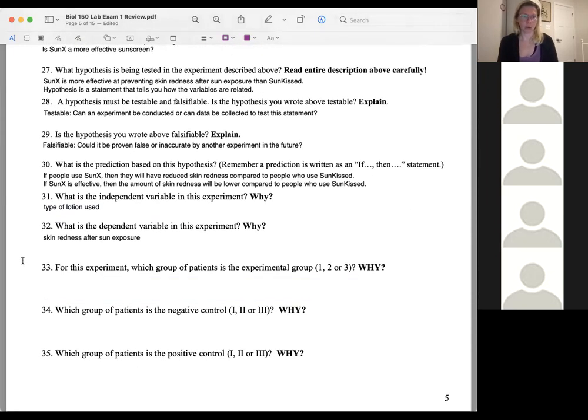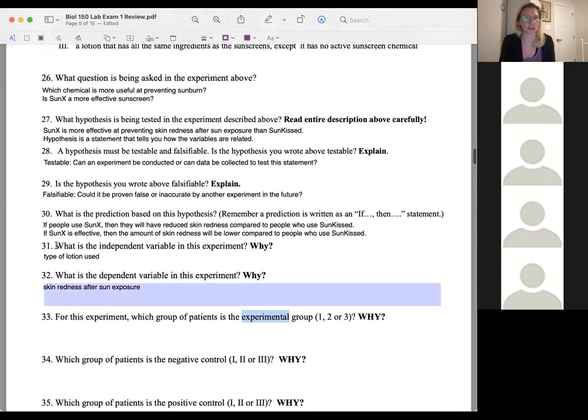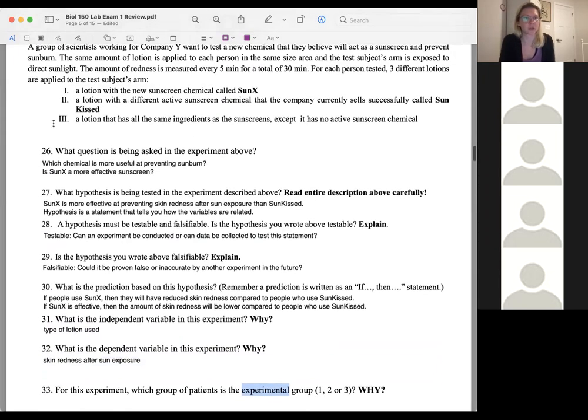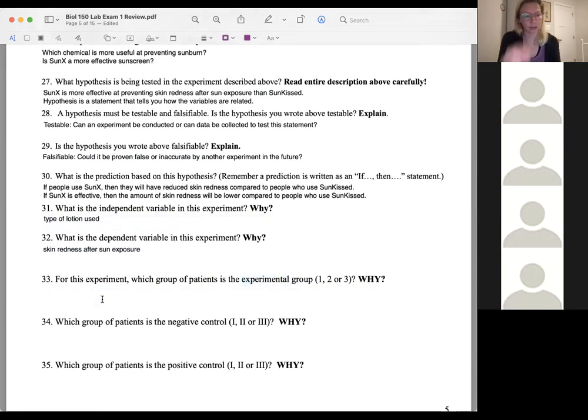Okay, so how are we going to determine experimental group, negative control, and then positive control? So it's like talking about these three groups, which are listed up here. Group 1 is the experimental group because we are testing this group with the new sunscreen. Perfect, yes.